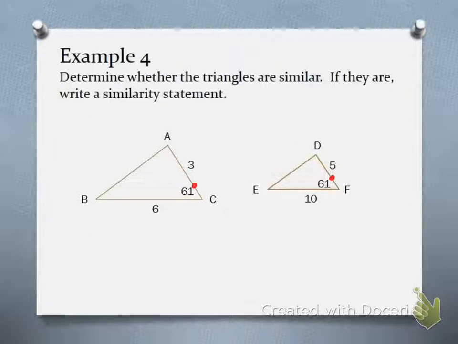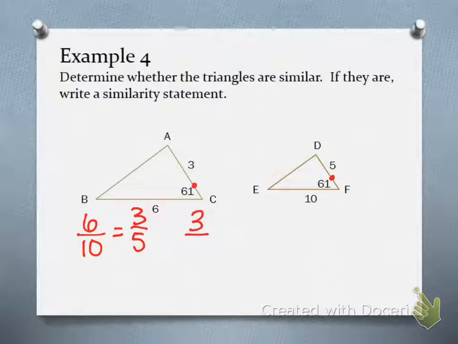Okay, they did not give us an order to go in this time, which is nice. So we can go whatever order you want. What's the longest side we're given of ABC? 6. And that's going to match up with what side from the other one? Can we reduce that? What does it reduce to? 3/5. Well, that's awfully nice, because what's the other side length from triangle ABC? 3.